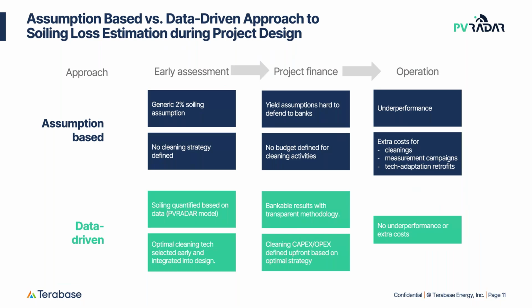Although this word may be a little bit misleading, because maybe it isn't really underperformance, but the plant is behaving as expected. It's just that the assumption on soiling has been wrong in the first place. And then of course you want to get production up and add additional cleanings. That is very difficult without a budget defined, and nobody likes extra costs at that time.